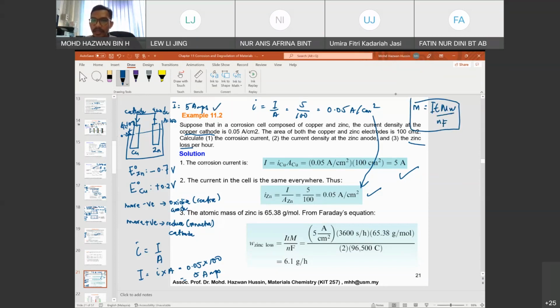T is the time. Remember, time should be in seconds, and in this question it says per hour, 1 hour. So we have to convert 1 hour into seconds.